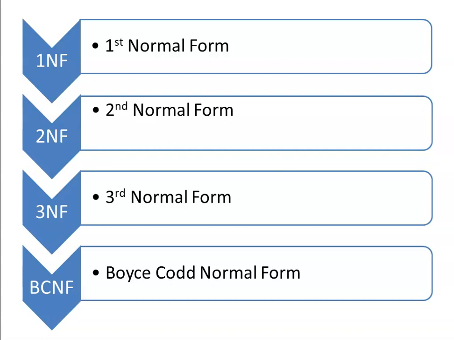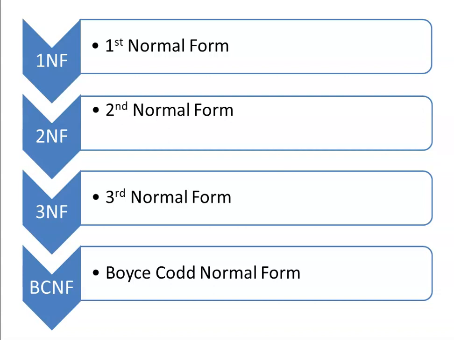After the first normalization, you apply the second normalization. Only then can you apply the third normalization, followed by your Boyce-Codd normal form. So you cannot randomly jump from first normal form to third normal form, or second normal form to Boyce-Codd normal form. You have to follow the procedure: first normal form, then second normal form, and then third normal form.